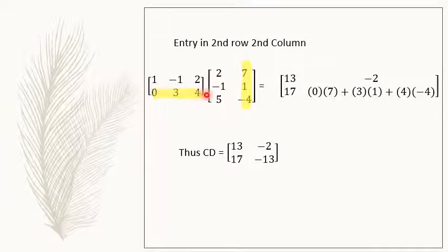Second row into first column gives 17: 0 into 2, 3 into minus 1, 4 into 5. Second row into second column gives minus 13: 0 into 7, 3 into 1, 4 into minus 4. So, this is the product of the two matrices C and D. I think now you are clear how to find the product of two matrices.